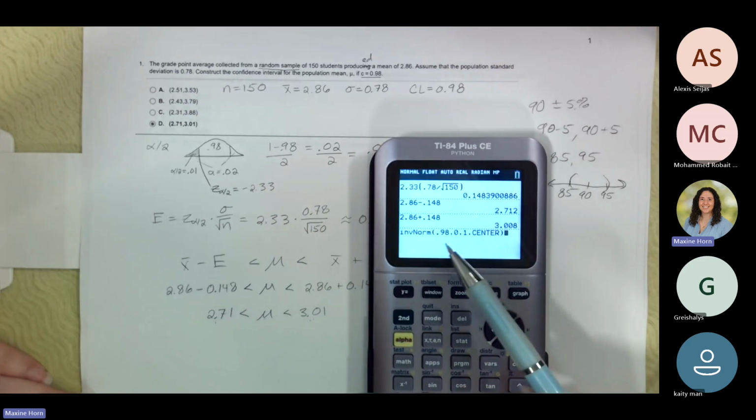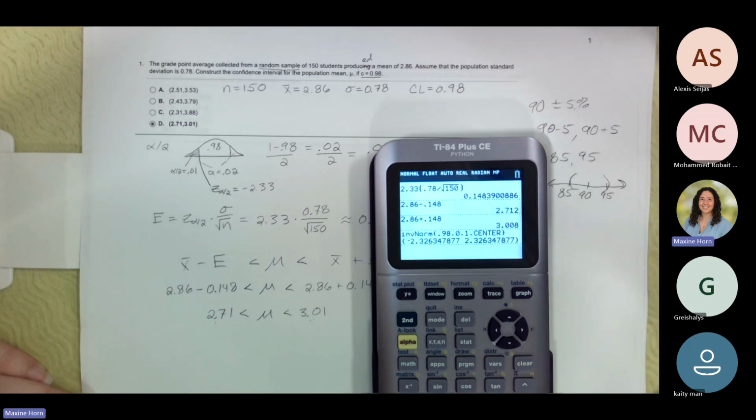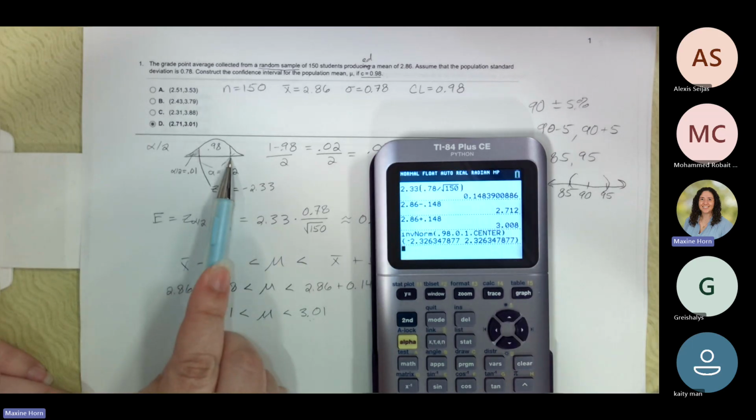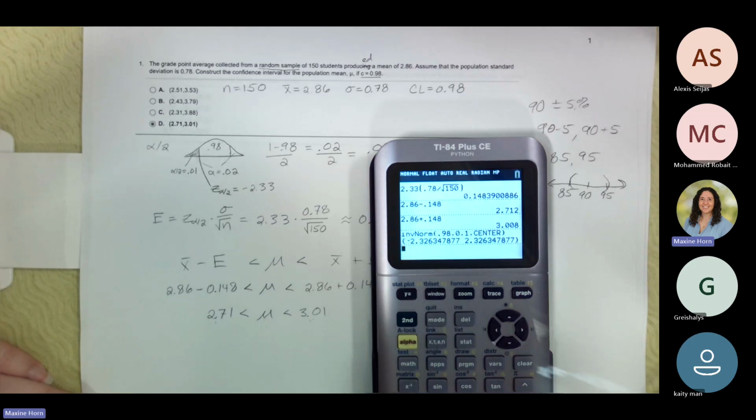And it's going to say, oh, you want an area of 98 in the center? And we say yes. And it gives us the negative z-score that defines that area and the positive z-score that defines that area, right? Negative 2.33 and positive 2.33 if I were to go to 2 decimals here. Remember, the table only went to 2 decimals, so that's all we could do there. If you wanted to, you could go to 3 decimals here. So that's one way you could do it.